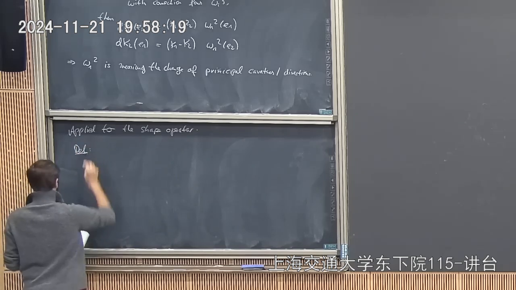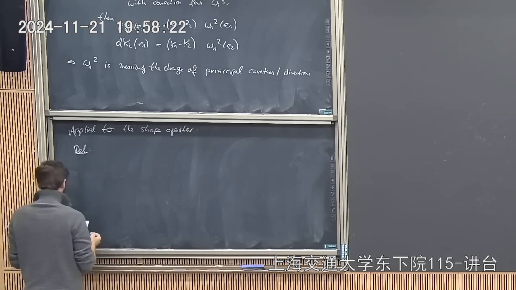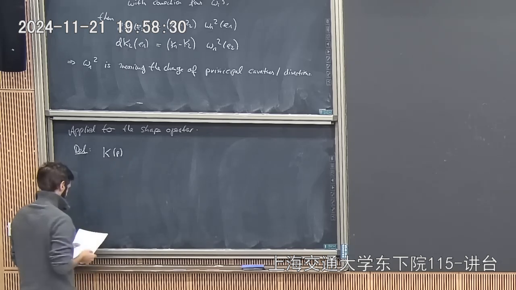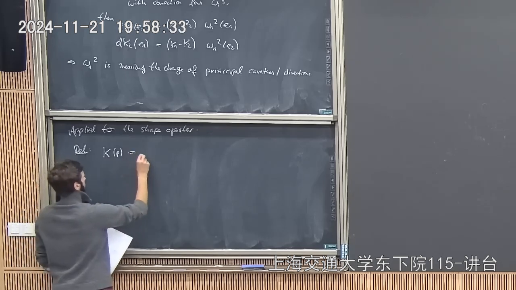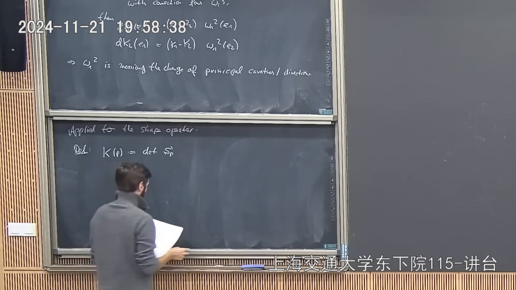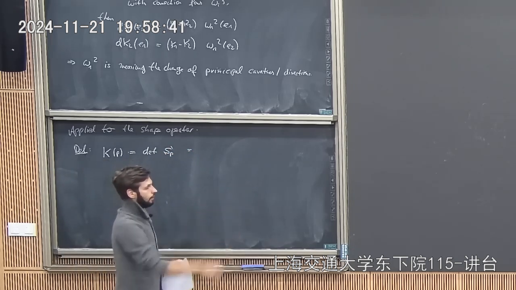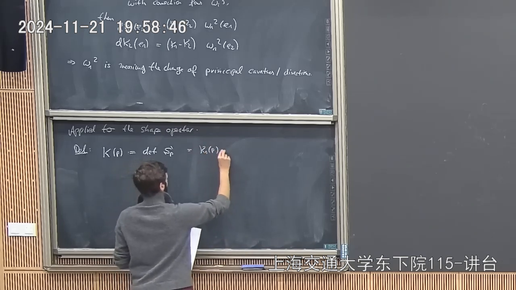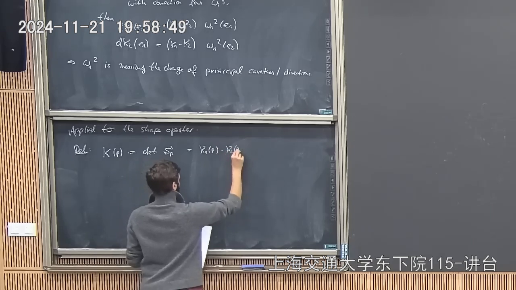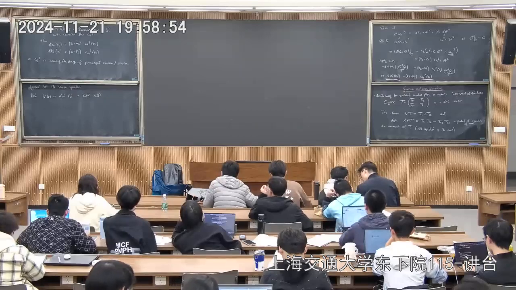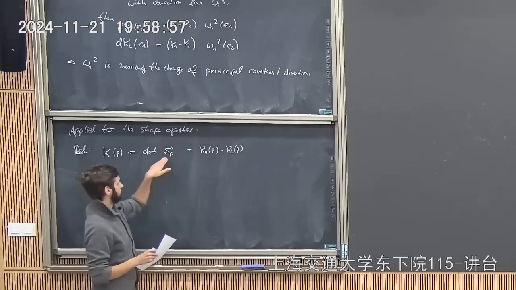We get the following two important definitions. Capital K is defined as the determinant of the shape operator at P, and this is the same as the product of the two principal curvatures, because these were the eigenvalues of the shape operator.